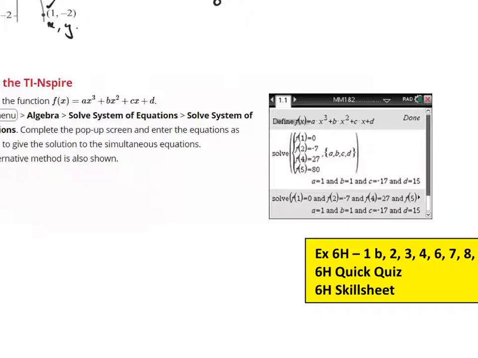So you can see there, define the function on the calculator, making sure I use a times symbol between each of the terms, and that will generate the equations for me. All right. And so then you can see A is 1, B is 1, C is -17, and D is 15. All right. So that kind of question is only ever going to be a CAS assisted question. So put the equations in, make sure you get the answers that they suggest, and work through the rest of 6H.